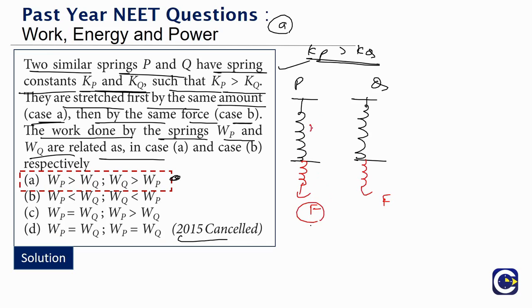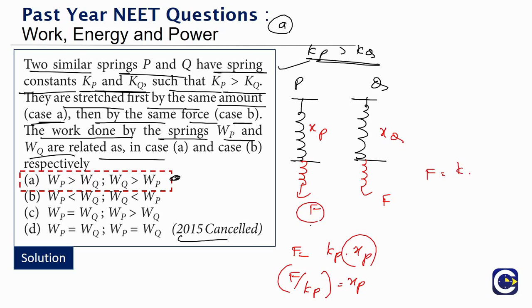Which means here let us say the elongation is xp. Here let us say the elongation is xq. Force will be equal to Kp into xp. So from here F by Kp is equal to xp. Here force will be equal to Kq into xq. So from here also F by Kq is xq.